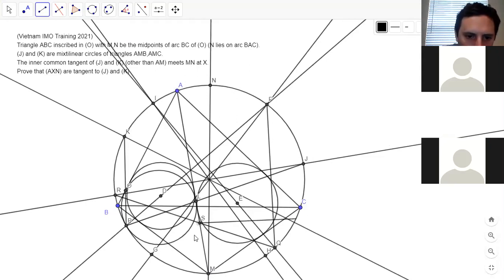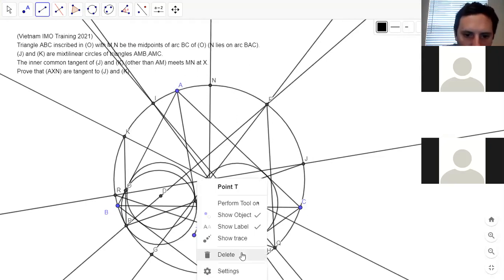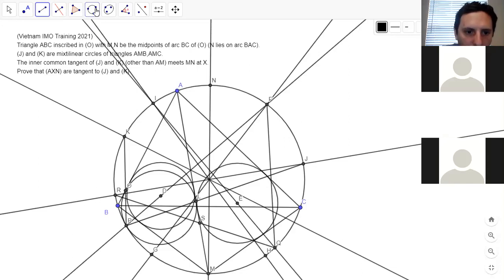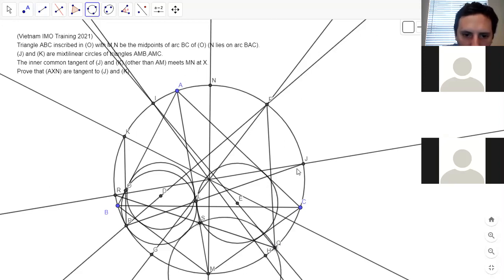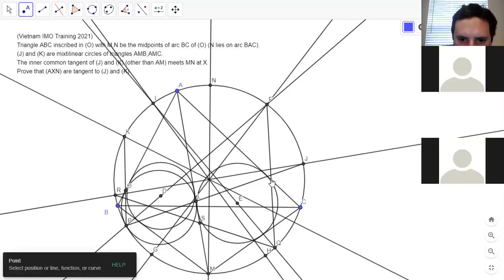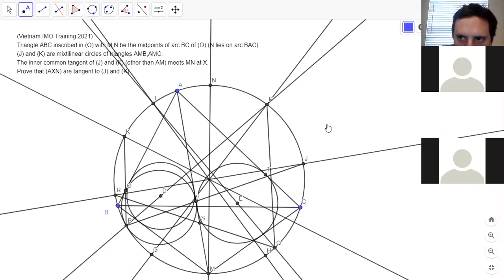And then I think that should do it. If I'm lucky, this will be it. Now, what did I do wrong here? Oh, I need this point right here. So QF meets AC. Whoops. I need the point where QF meets AC.